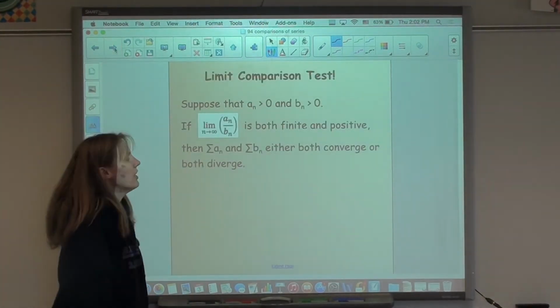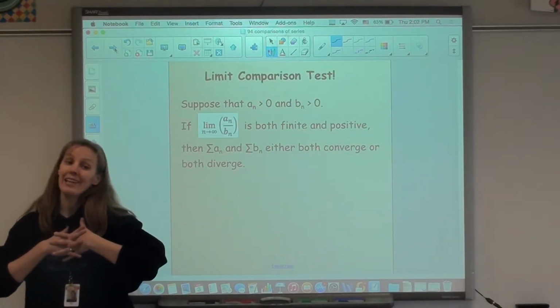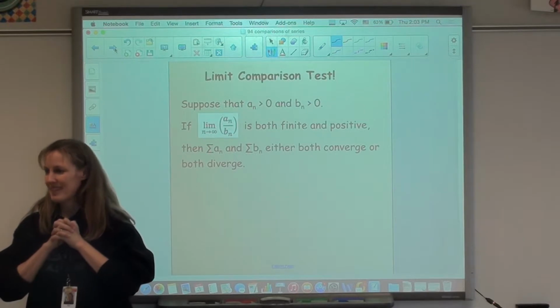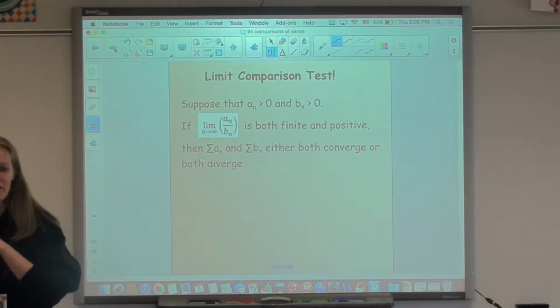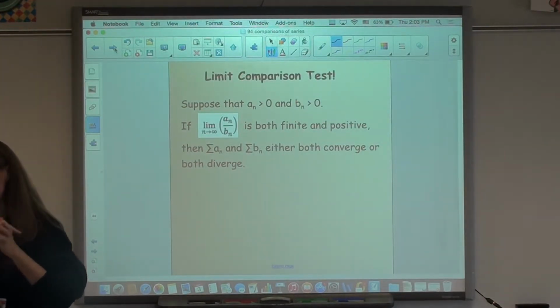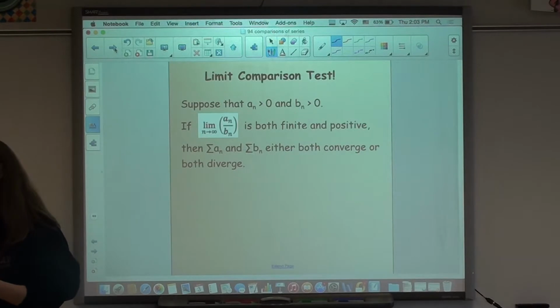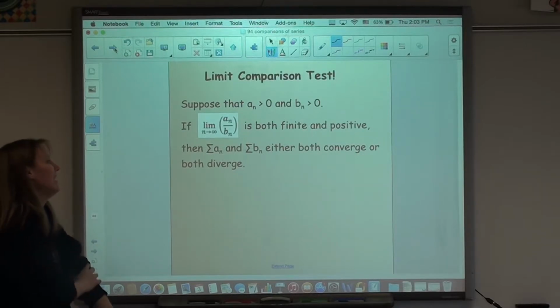Okay, let's move on to the limit comparison test. I like the limit comparison test. I apologize for inflicting negativity on the other test, because I shouldn't. If you like the direct comparison test, please use the direct comparison test. I know, I'm sorry. It's not really that big a deal.